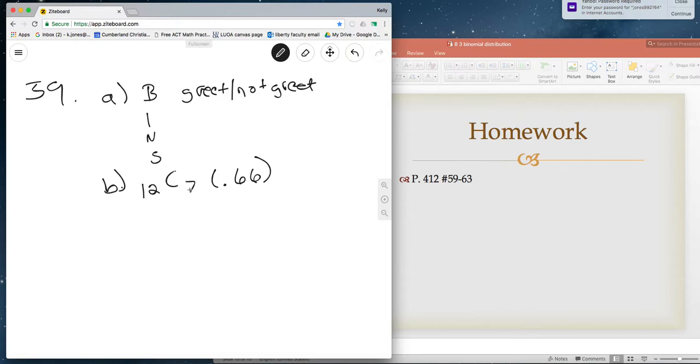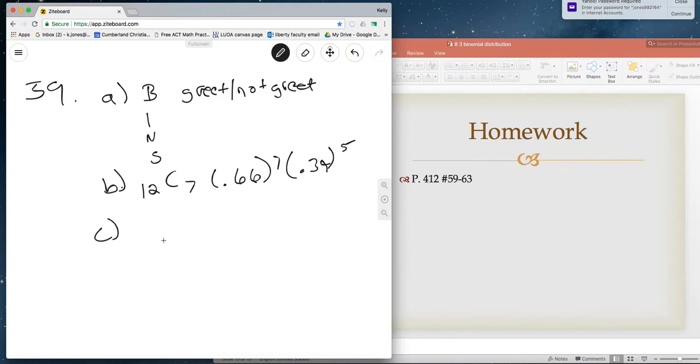And we're going to raise it to the k power, which is 7. And if 66% is a success, then 34% is a fail. And once again, that comes from 1 minus 0.66. And then 12 minus 7 is 5. And you would plug that into your calculator.